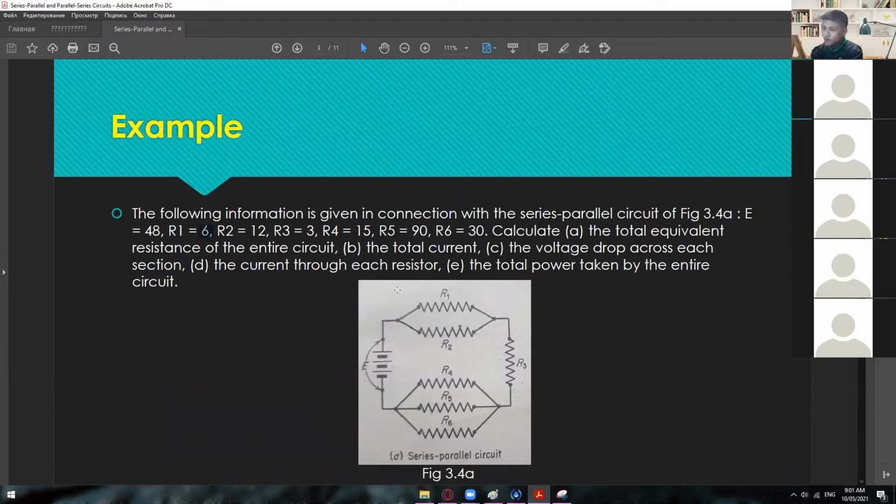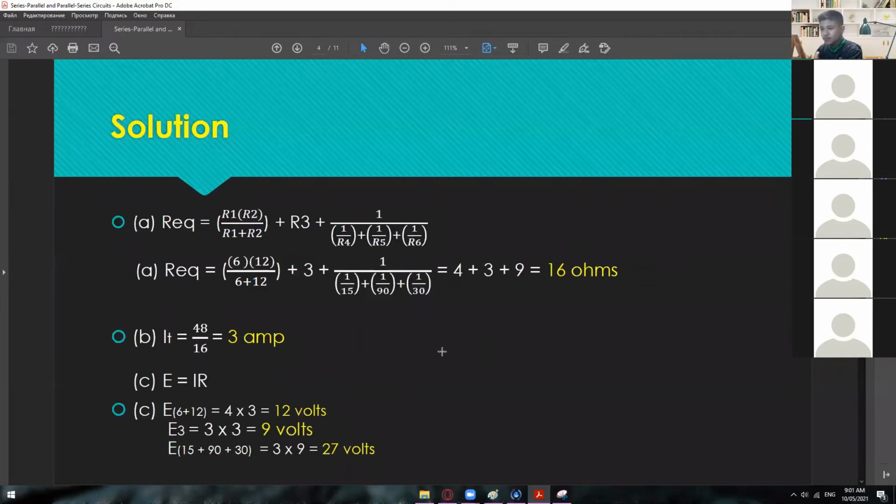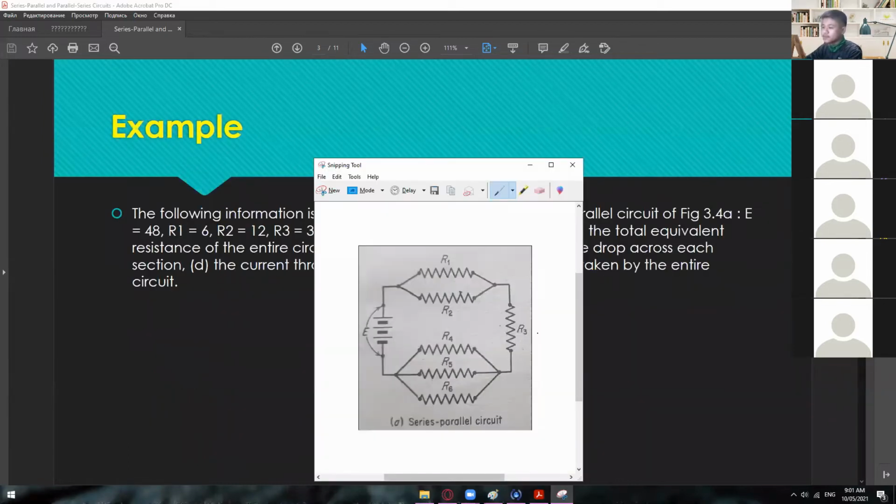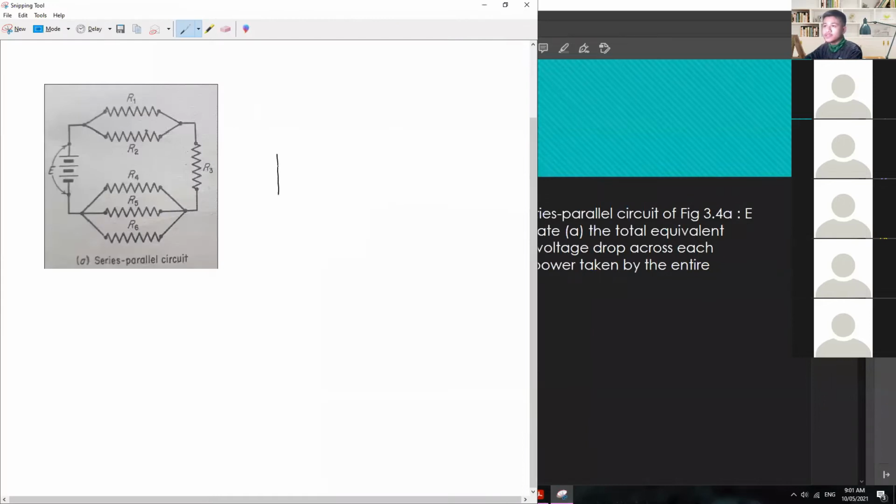So, kung sakaling series connection to, i-add nyo lang siya, R1 plus R2, or 6 plus 12. But since this one is in parallel connection, ang gagamitin nyo mismo is yung R1 in parallel with R2, okay? Or yung R1 times R2 divided by R1 plus R2, okay?